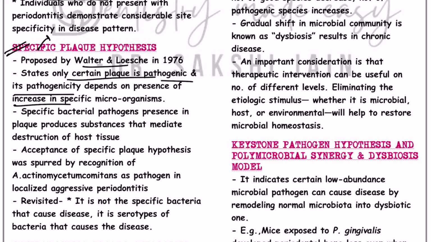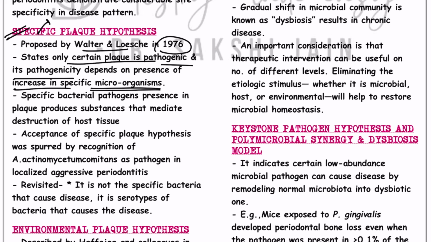periodontal destruction. Now during this era, the 1970s, there were many advancements happening, and it was seen that the bacterial count was no longer important, but it is the specific pathogenic bacteria that lead to periodontal destruction, as the statement says that the pathogenicity is causing the destruction.